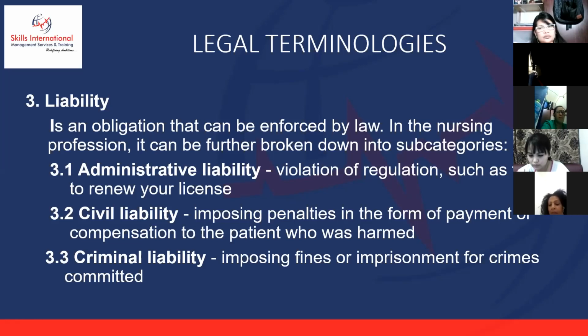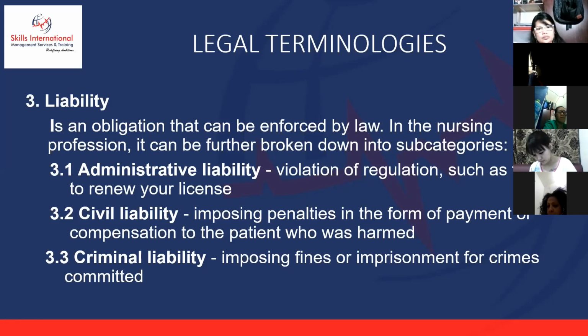administrative liability. Number two is the civil liability, imposing penalties in the form of payment or compensation to the patient who was harmed. So here in the civil liability, they impose a penalty. So you have to pay what harm was caused to the patient.